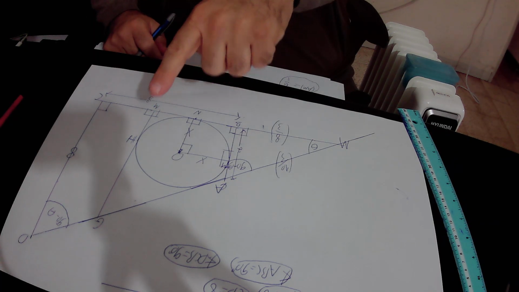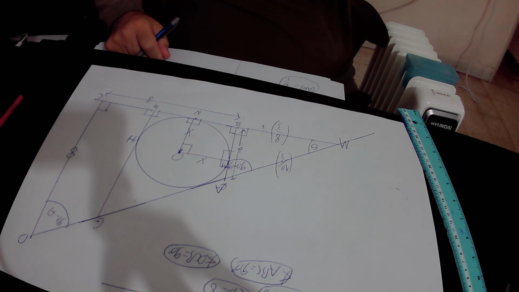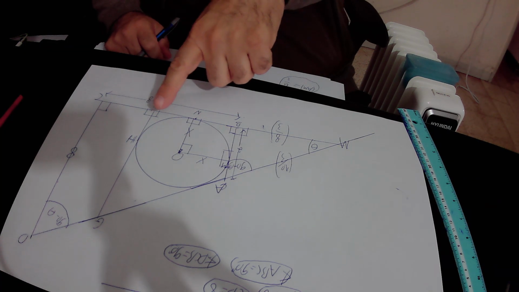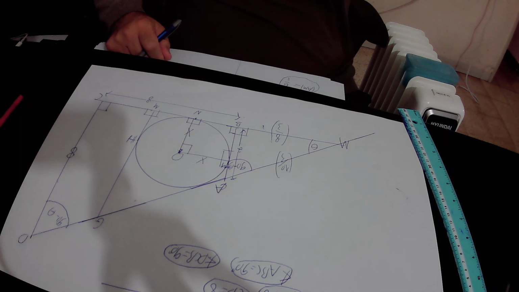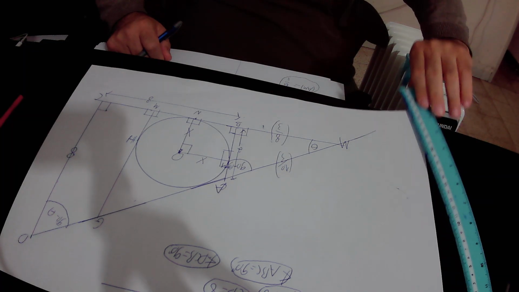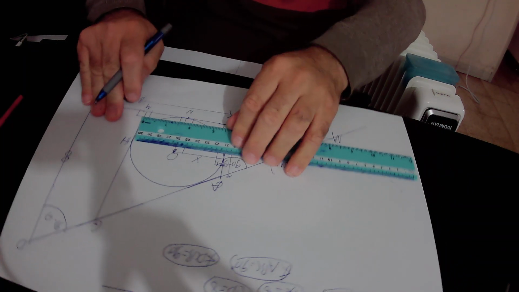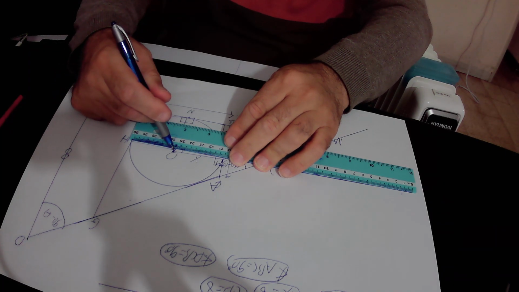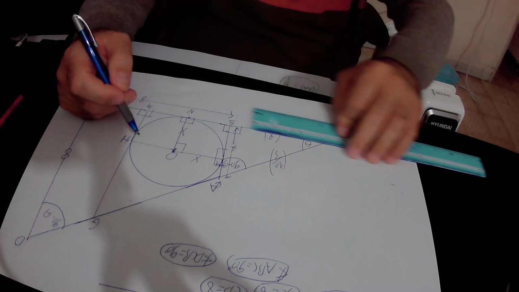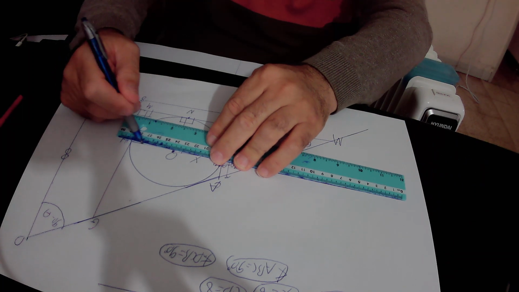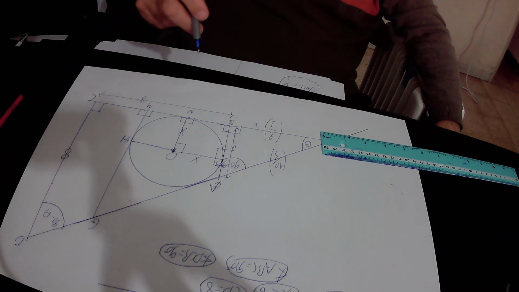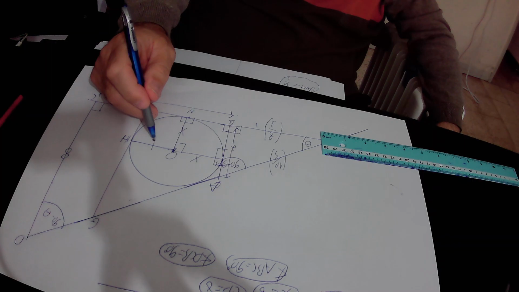So line segment GM is tangent to the circle at point H. Point H is the point of tangency. We join points O and H together by a straight line. OH is the radius of the circle that is equal to x.